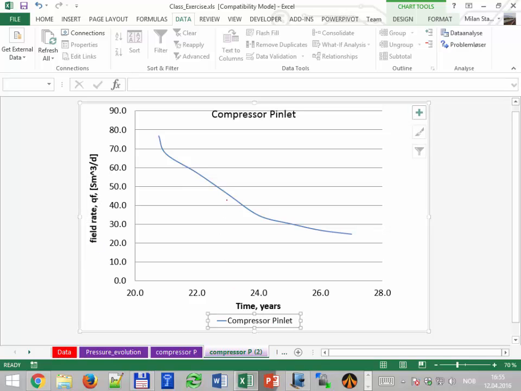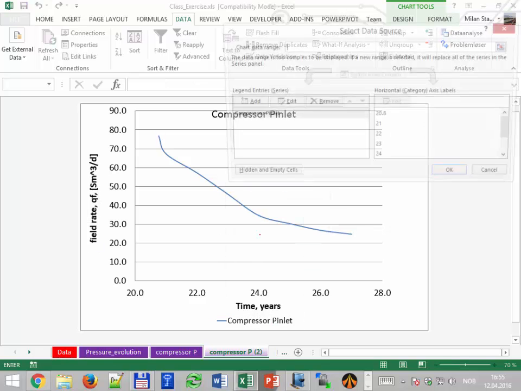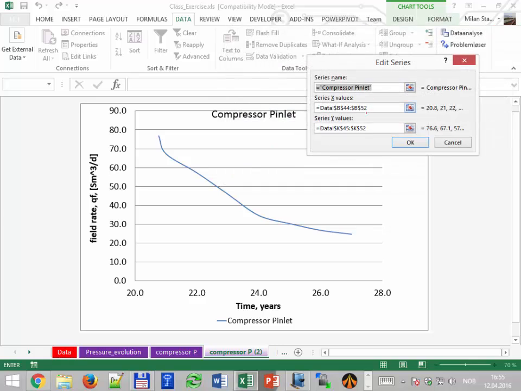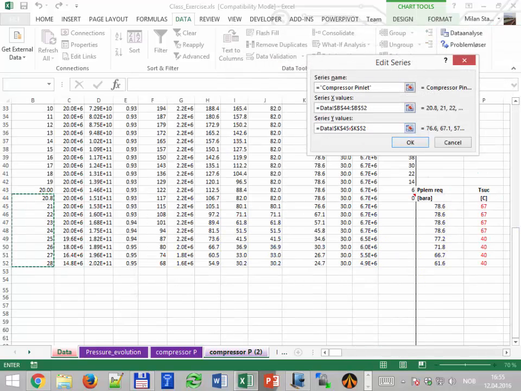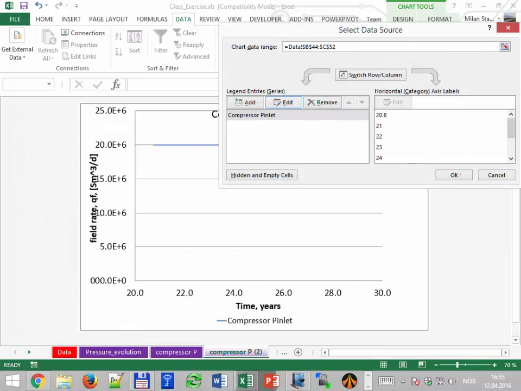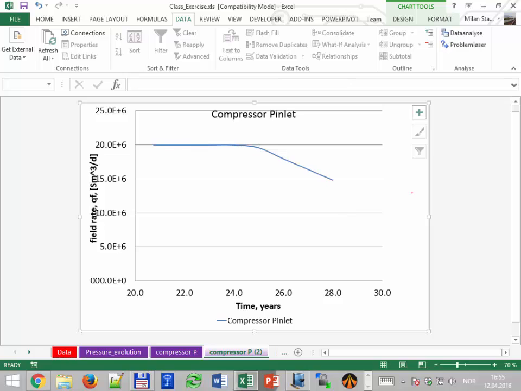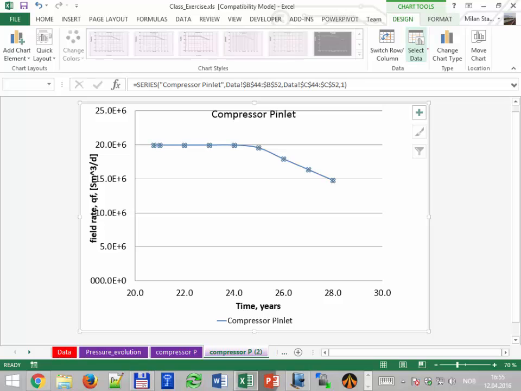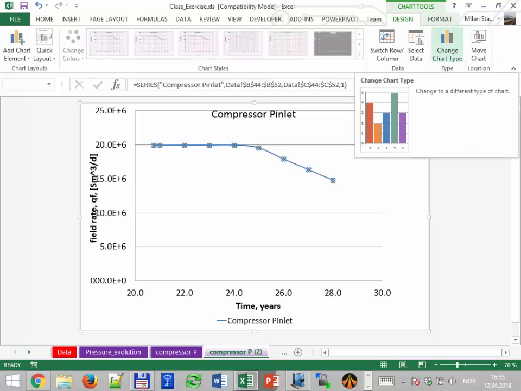Time, and here we select and edit, and it's on column C. Okay, 44, C and C. Okay. And we can put it also with points because it's interesting to see why we have to reduce the rate.